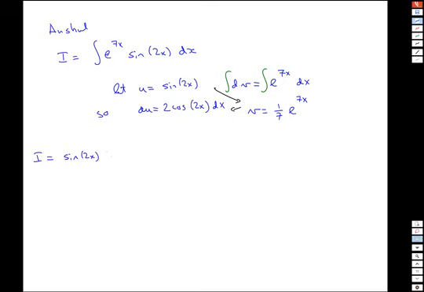When we do that, we get e to the 7x minus, I'm going to take a couple of shortcuts here just in the interest of space. There's two numbers, the 2 and the 1/7. They're going to come out front. And then we're going to have e to the 7x cos of 2x.